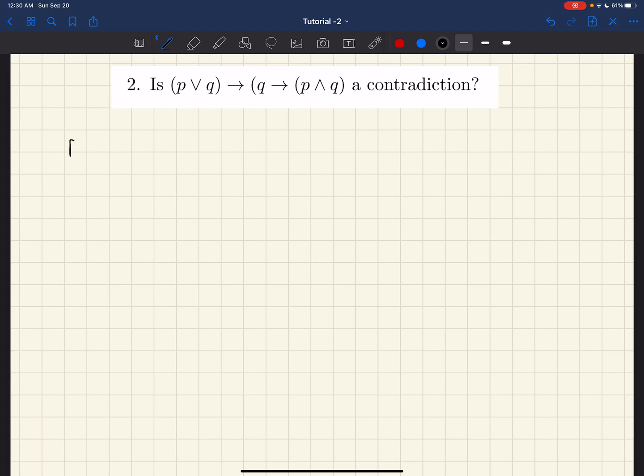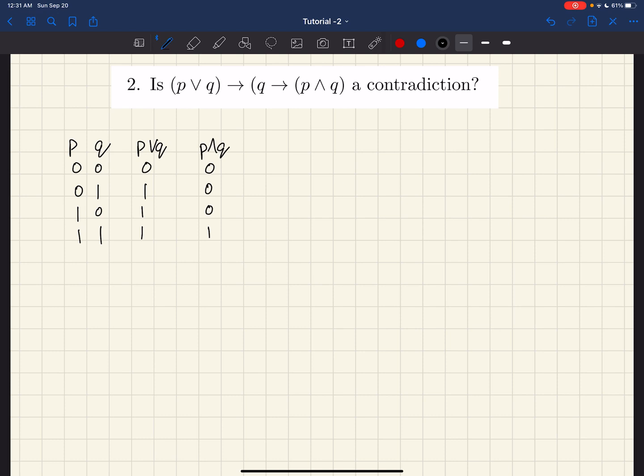First, we need P and Q. Now we need P or Q. That would be 0, 1, 1, 1. Now we need P and Q. That's all zeros, and this would be 1.